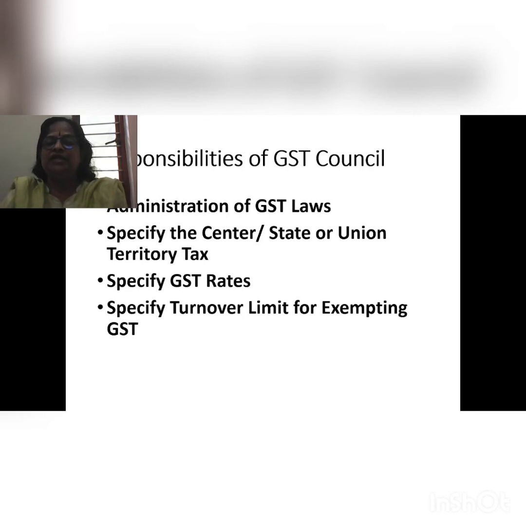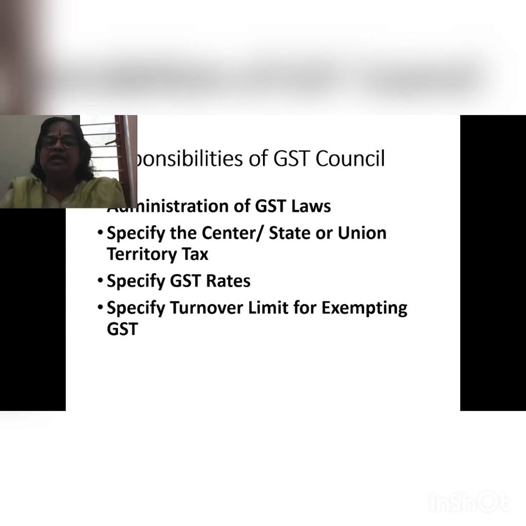Now specify the turnover limit for exempting GST. Up to 2019, the exemption limit for GST was 20 lakhs of aggregate turnover for normal states. If it's a northeastern state or hilly state, the exemption limit was 10 lakhs. In 2019, at the 32nd GST Council meeting, they increased the threshold.